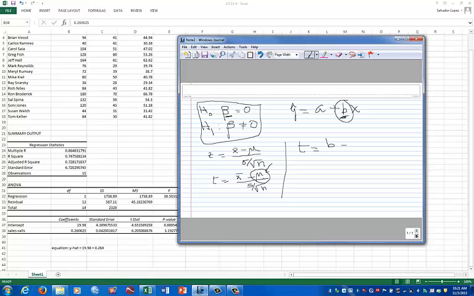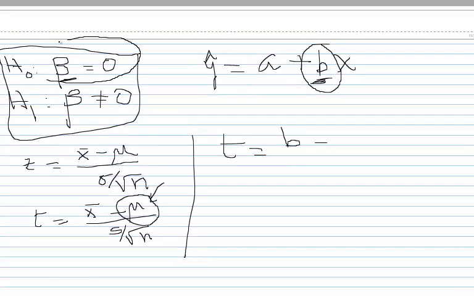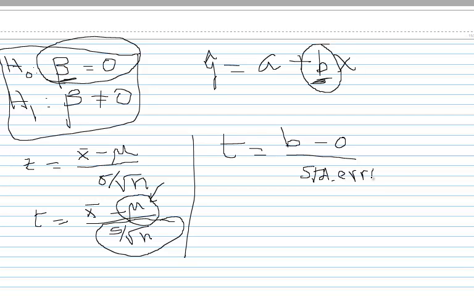In the previous case, for the mean it was mu, but now it is beta. In the null hypothesis, beta is equal to 0, so we write 0 here, divided by, if you recall from the previous chapter, the standard error of the mean. So let's just call that standard error. And in this case, it'll be the standard error of b, the slope.